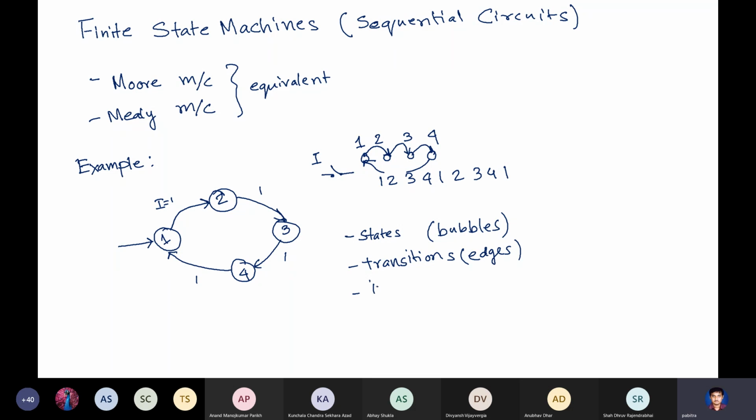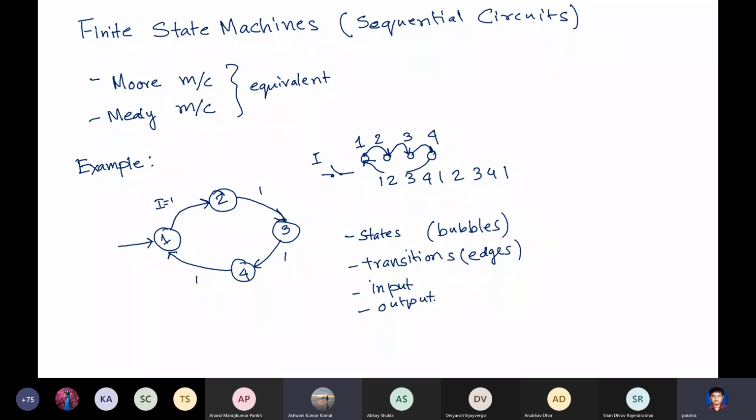And then you have some input, and then you have some output. So this is a very simple example, but as it turns out, there are many more complicated examples which could be modeled by such a simple structure of a finite state machine.